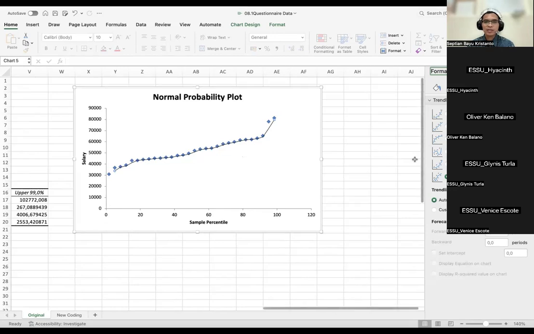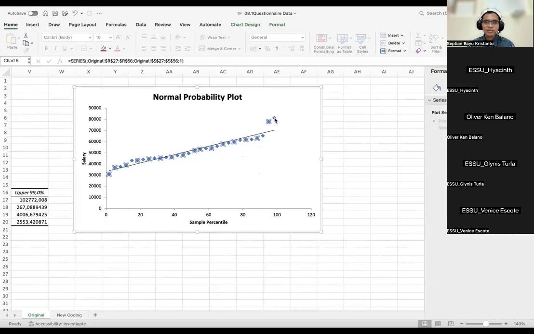The scatter plot could be linear, but with exceptions. The exception is that we found two outliers here. This kind of outlier, okay? 95 and 98.3.